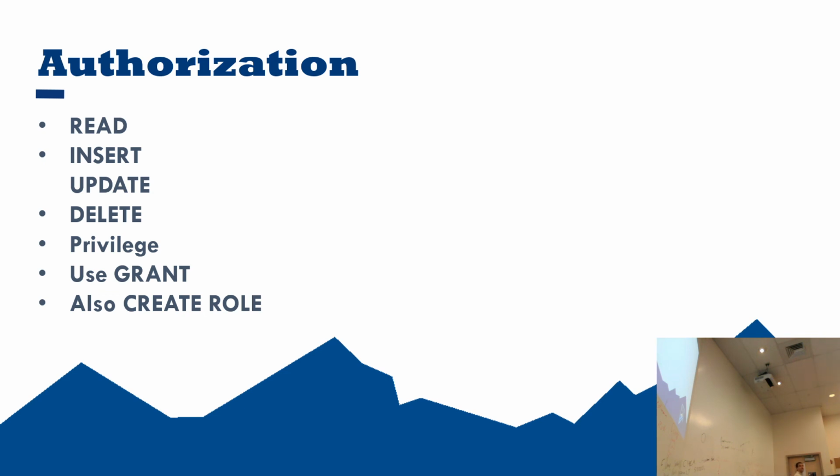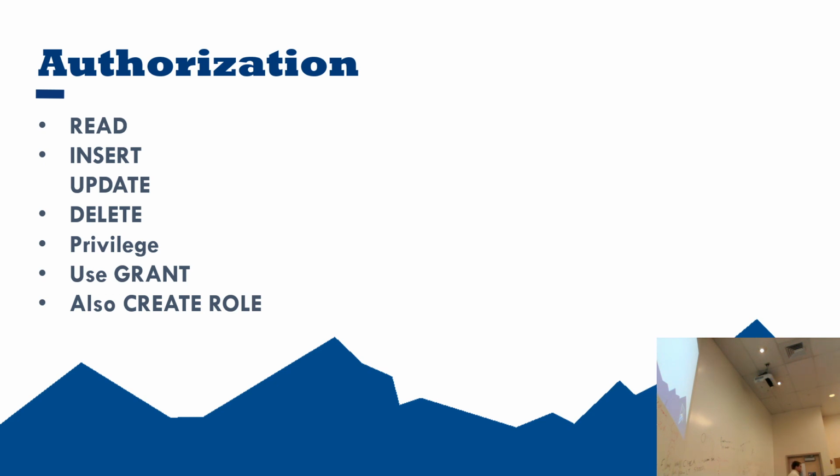Modifies stuff. Delete. What's that do? Removes records. So if you have a single user, use grant, and then say the username, and then whatever privileges you want to grant them. What's not up here is revoke. So you can revoke privileges as well as you can grant them. That's a good thing to do in some cases.